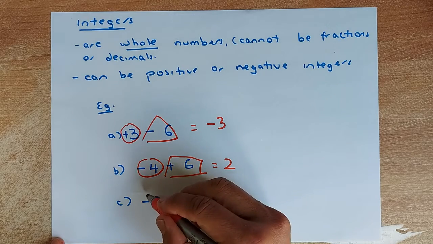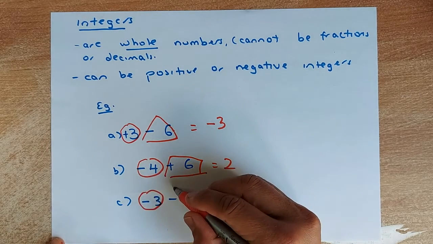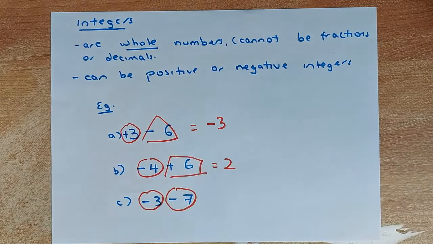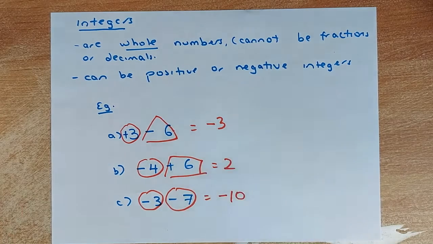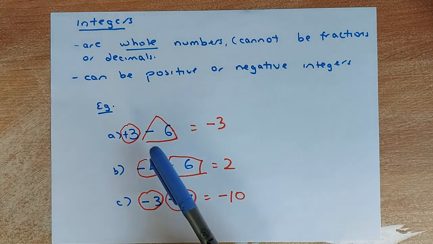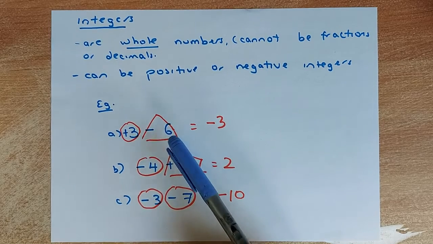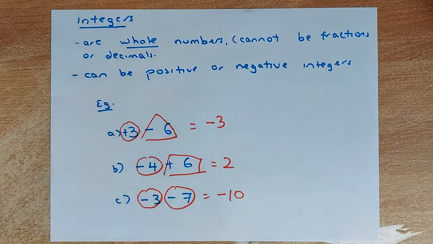If you have -3, and then you spend another -7, you spend $3 on something and another $7 on another thing, so you are in deficit of -$10. That is how you add and subtract integers. Just remember, the minus belongs to the number after it, and the plus belongs to the number after it. Same for the other examples. So far so good? Okay, we shall continue with a more complicated example.